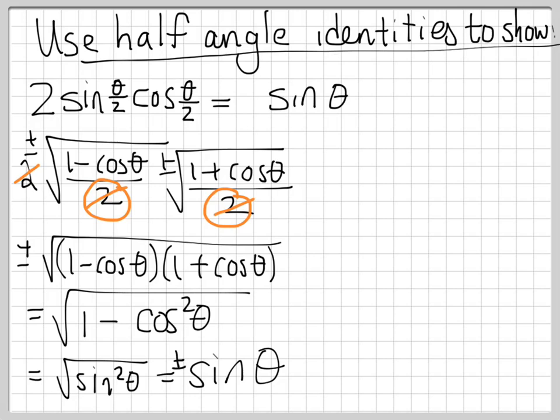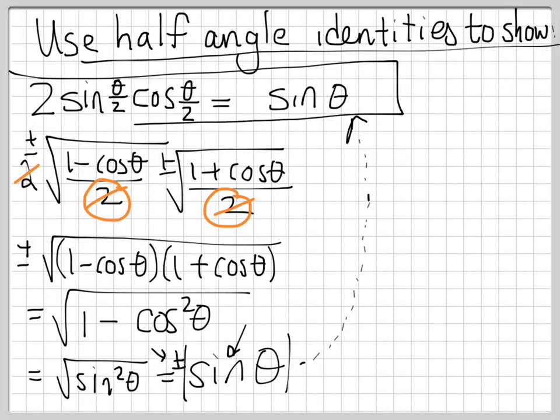You technically get the absolute value of sine theta when you take the square root of a square, but if you do a bunch of checking for possible thetas and theta over 2's, you can see that this will actually all reduce to exactly the same sign as sine of theta, and the first sign means the plus or minus kind, as opposed to the second sign, which means the sine function. And so there's a half-angle identity formula to check.